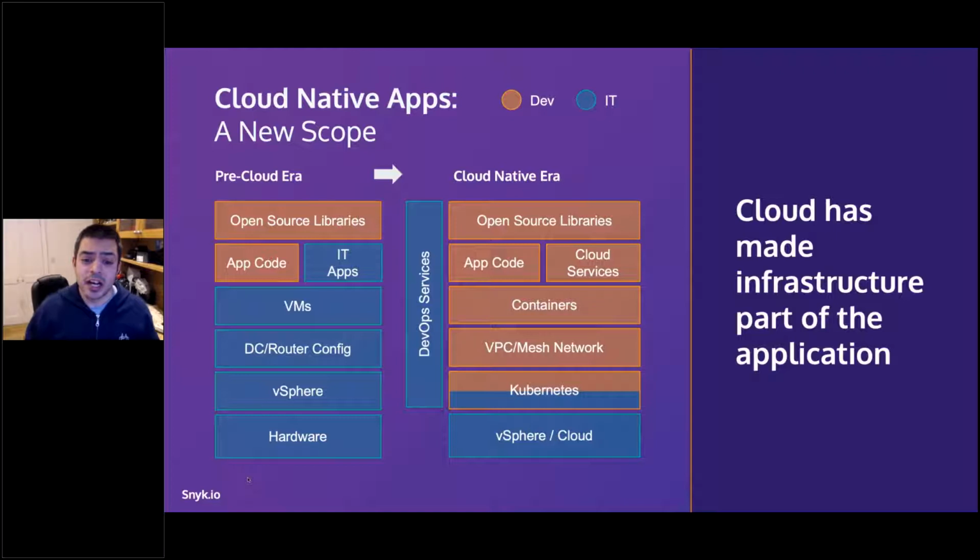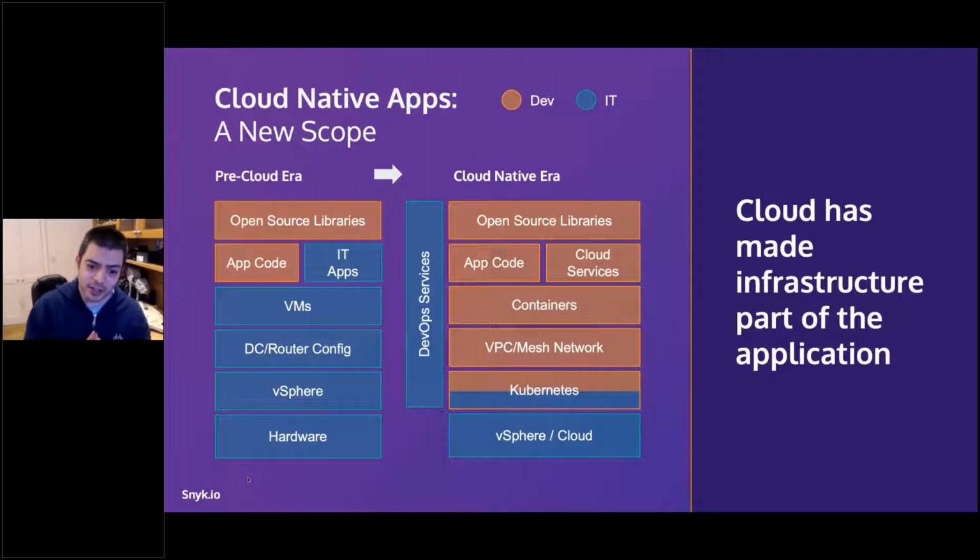That is because a lot of the platform, a lot of the infrastructure has made its way into code and config, and these are the kind of artifacts that a developer often writes and checks in. These are the artifacts that we will see in GitHub or whatever your Git repository of choice is.